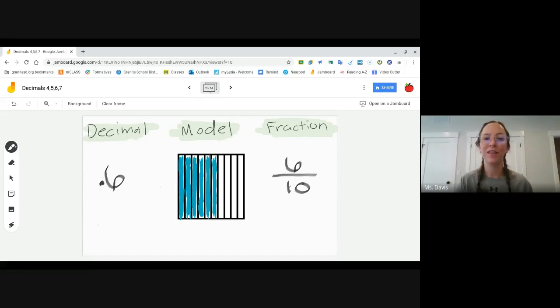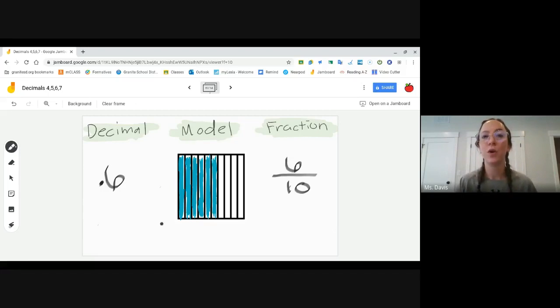Remember that in the decimal place values on the right side, there is no ones column. Tenths is the first column. So that's why this isn't 6 ones, it's 6/10.